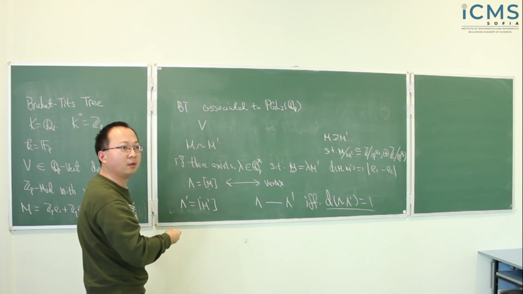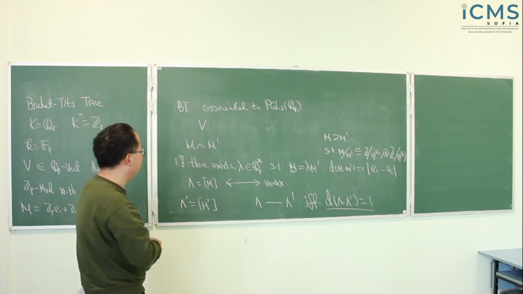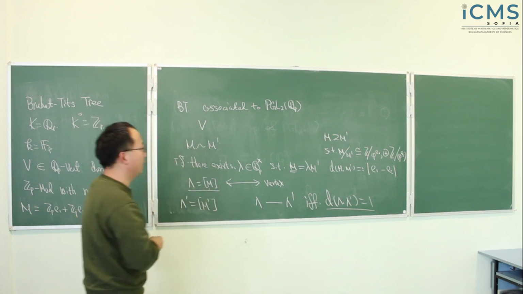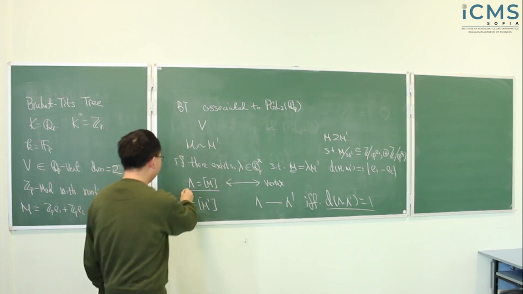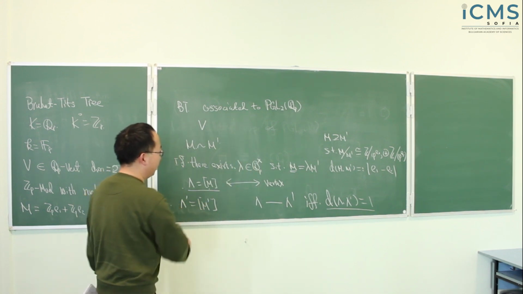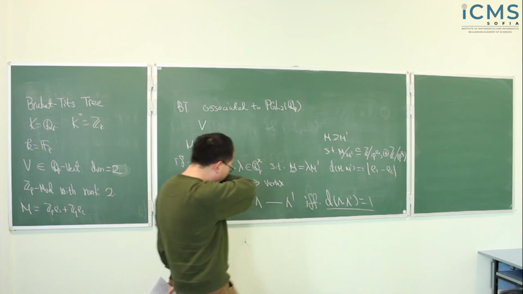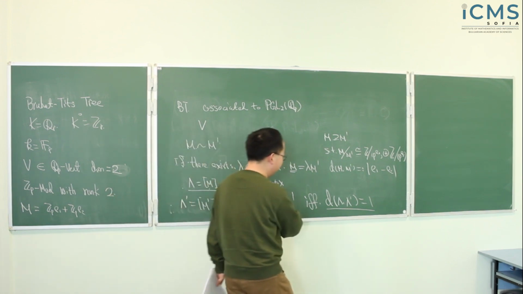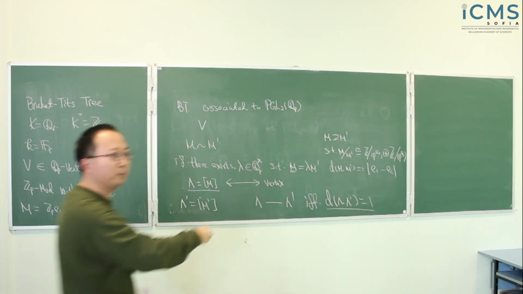This is a general equivalence relation, you don't need to fix a lattice. And for each equivalence class we assign a vertex, and for each two lattice classes we assign an edge between these two vertices if and only if the distance between these two lattices is equal to 1.